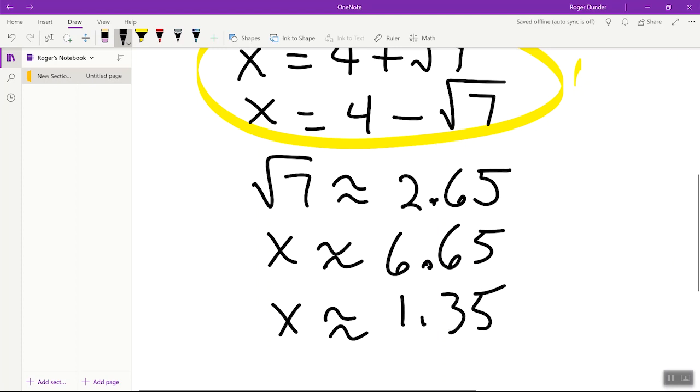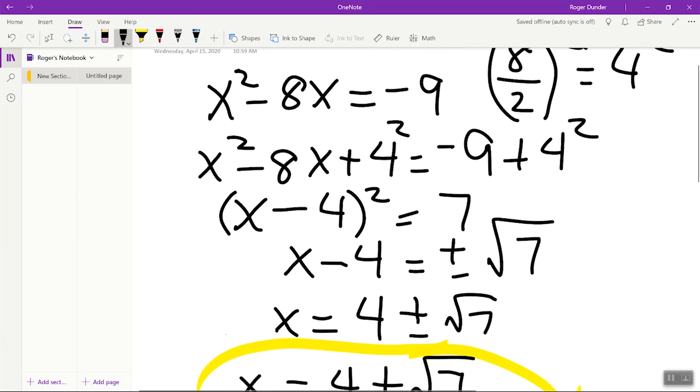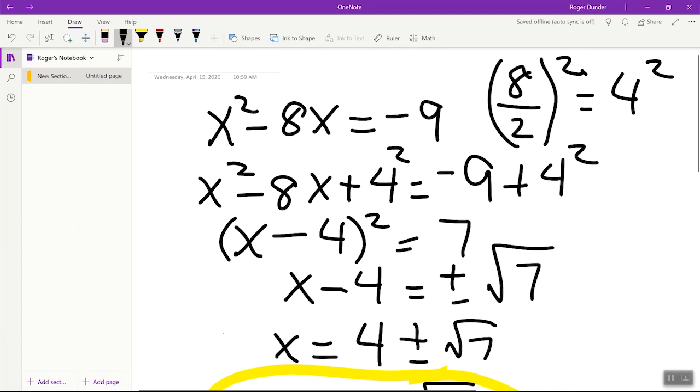These are relatively simple examples. There are tougher ones that we're going to be looking at, and I say they're tougher because the coefficient of x squared is not always equal to 1. Notice that in these problems, as we were solving this, the coefficient of x squared was 1, 1x squared.